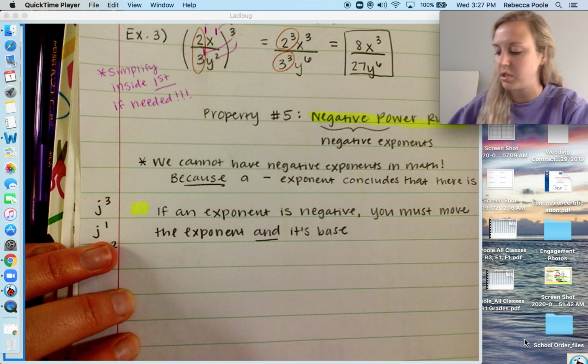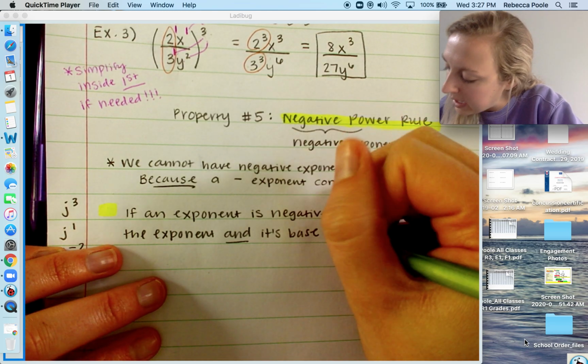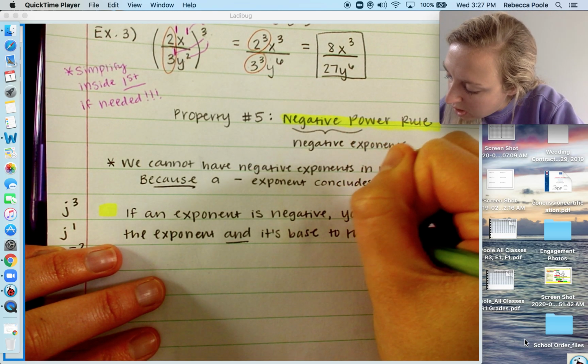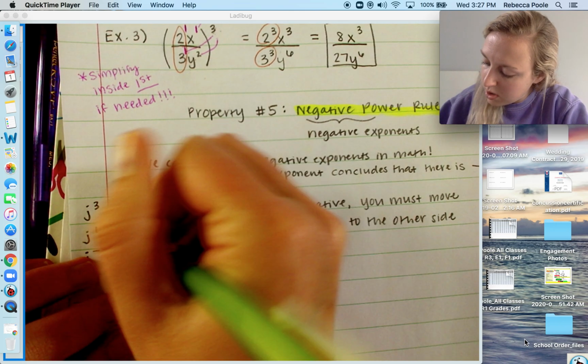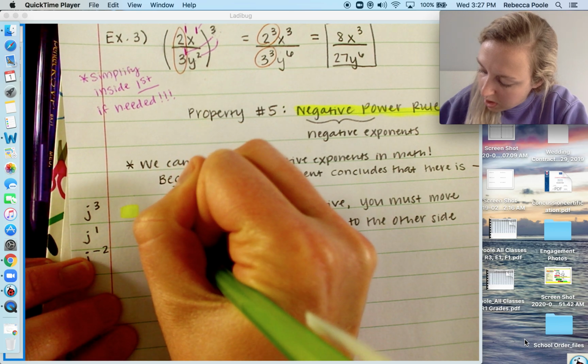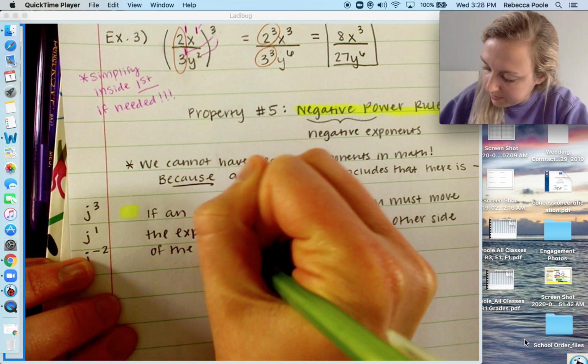It's got to be attached to something. You must move the exponent and its base to the other side of the division bar.